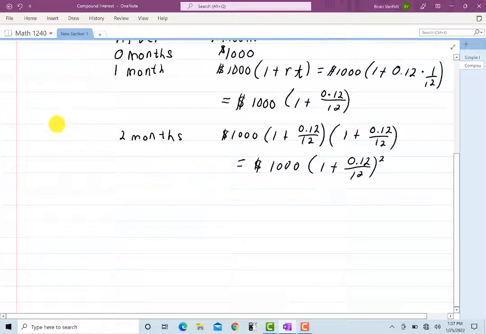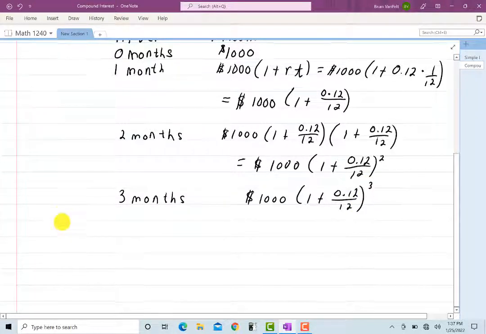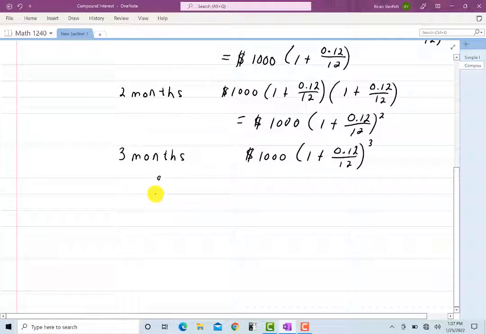So hopefully you can see the pattern now. If I do 3 months, we have 1,000 times 1 plus 0.12 divided by 12 to the third power. And if we keep going on, I'll put dots to indicate that. Let's see how much he has after a full year.